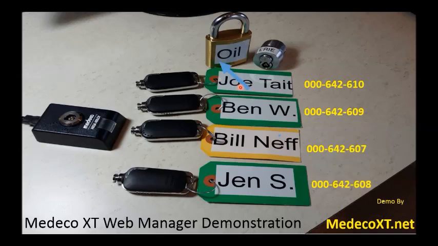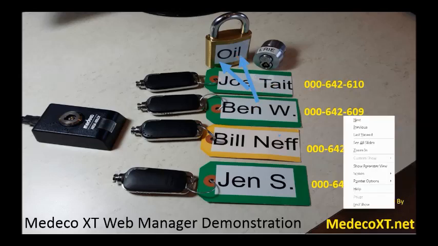Now, how the system is set up is we have Joe Tate. He will be only allowed to get into Oil City, which is the pass lock key. Ben White, again, will only be allowed to get into Oil City, which is the pass lock key.